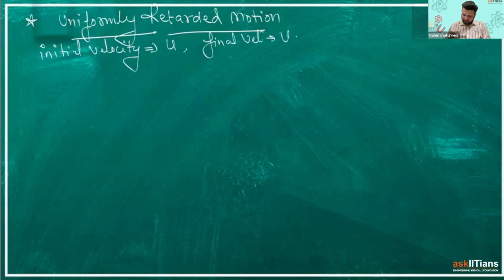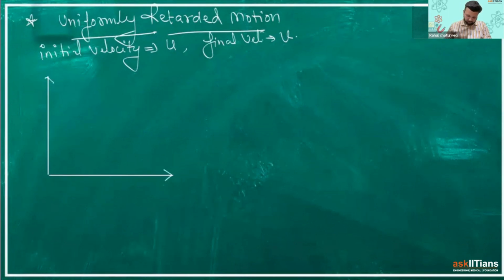So for the VT graph, initial velocity I'm considering as u, and final velocity can have different values.